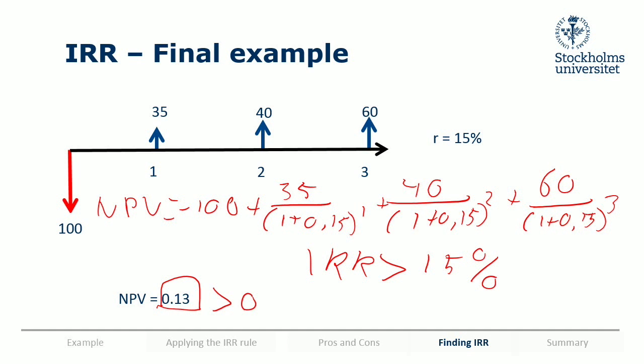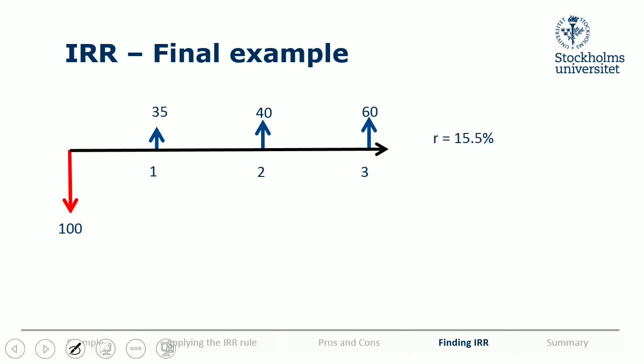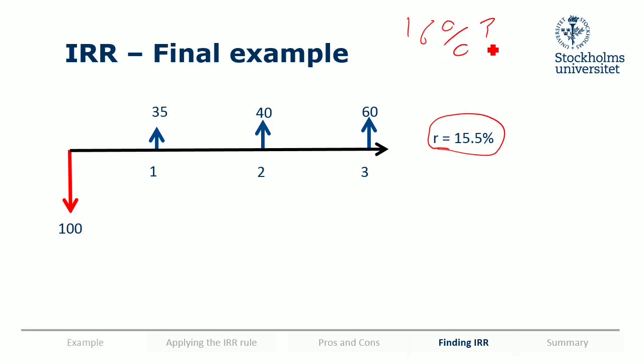So what I'm going to do now is guess 15.5%. Why 15.5? That seems completely unnatural. Why not 16%, for example? Well, the reason is, if I'm going to round it to a whole percentage point, then let's say that IRR is equal to 15.4%.